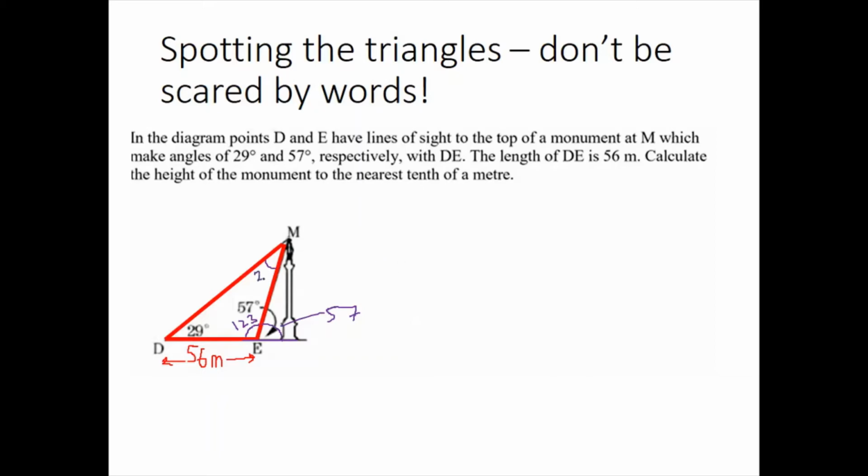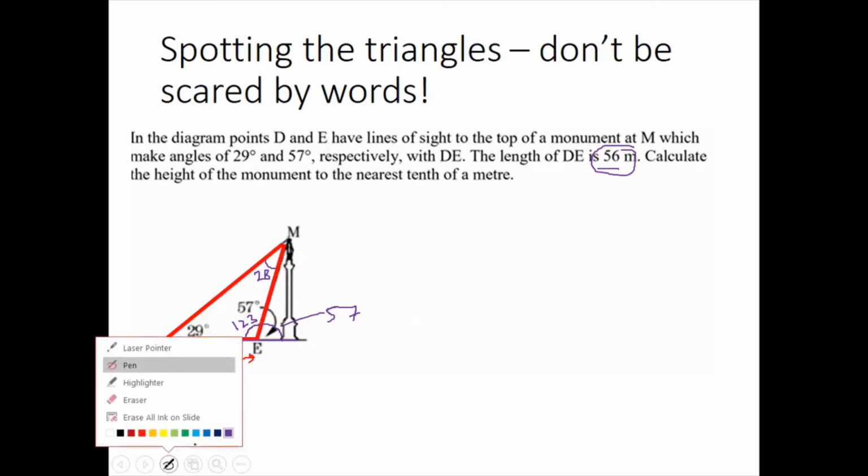So I've now, from a position where I didn't know much about these triangles, I know all the angles inside this first triangle, and I've added that bit of information on from the question, 56 meters. Okay, so spotting the triangle, spotting what you can work out is one of the real tricks of this sort of thing.